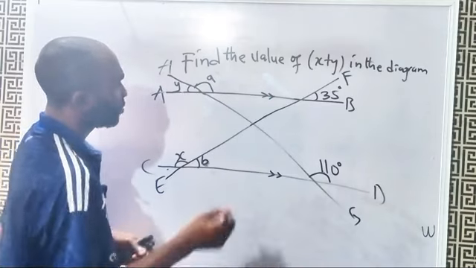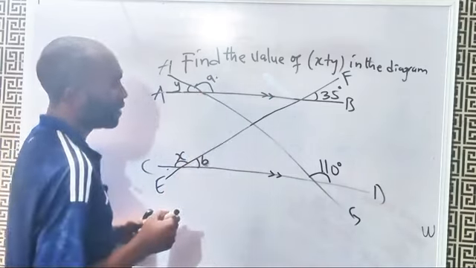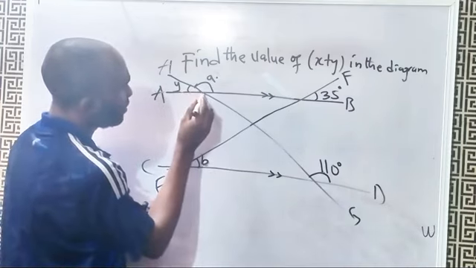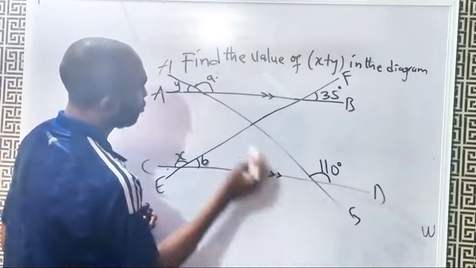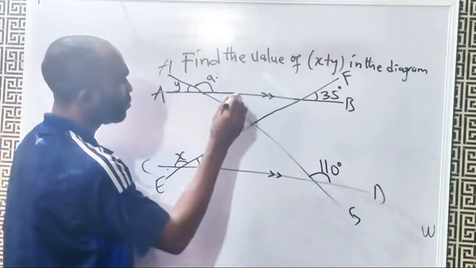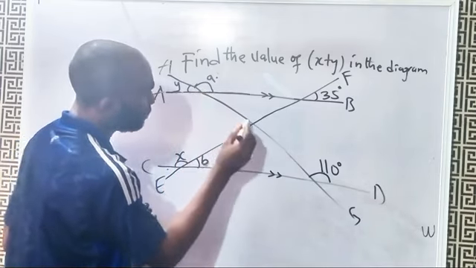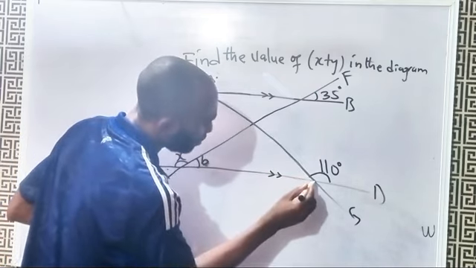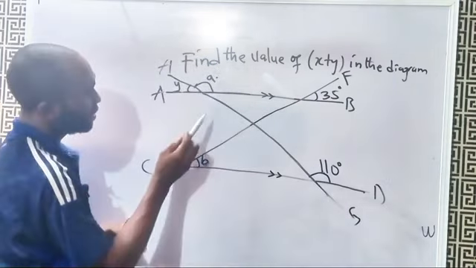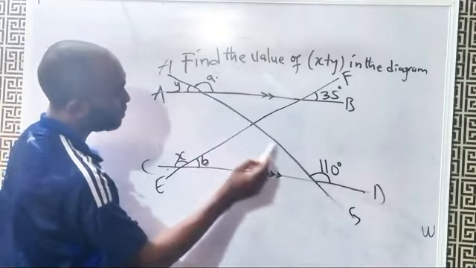Now if you want to find the value of A, look at this transversal here. You will see an F kind of shape, look at what I'm drawing here. You will see that this is F, right?